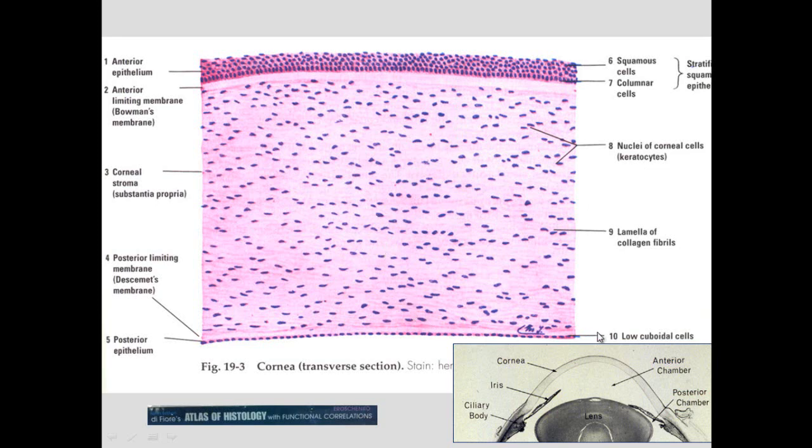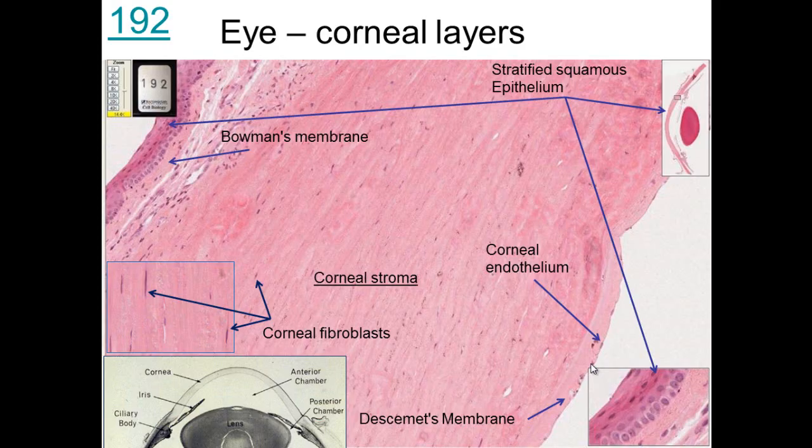And below that we have a Descemet's membrane, which is the basement membrane of these transport endothelial cells. Usually they're cuboidal or somewhat squamous, mostly cuboidal, low cuboidal epithelial cells. So we have 5 basic layers from the outside to the inside of the cornea. And we can see those here.